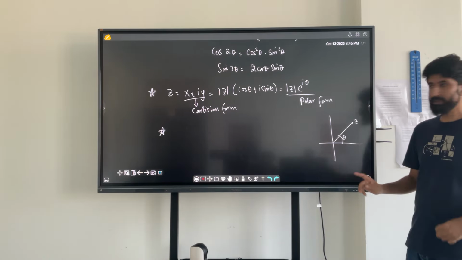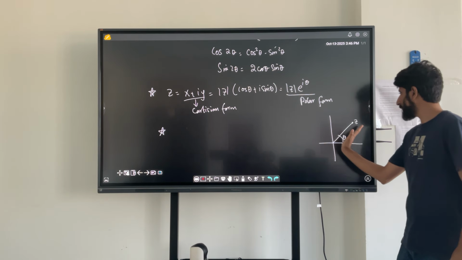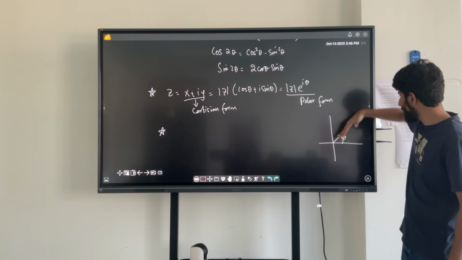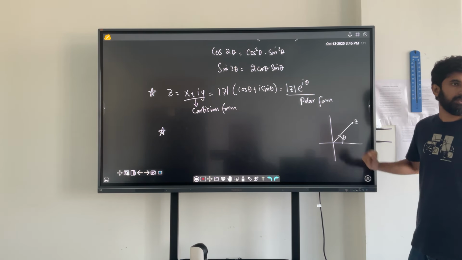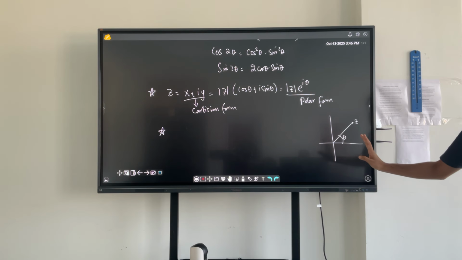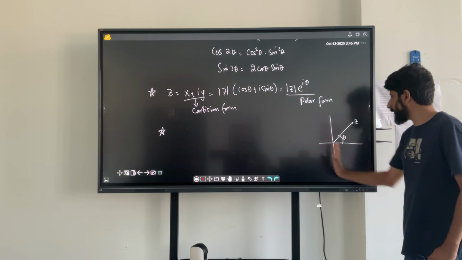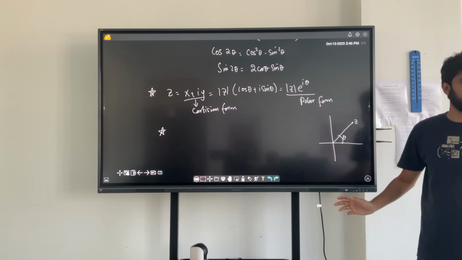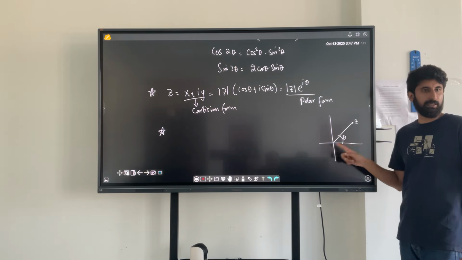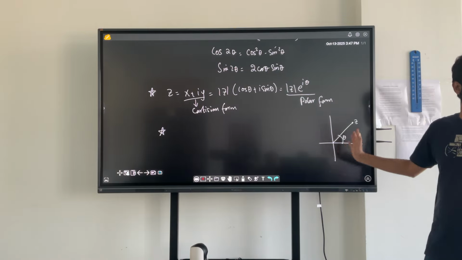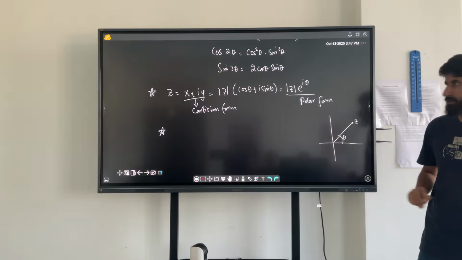Eventually you have to reach this point. Somebody might go around and then come here. So what is his argument then? 2 pi plus theta. Somebody might go around twice, 4 pi plus theta. But as long as the modulus is the same, you are representing the same complex number. There is no difference.